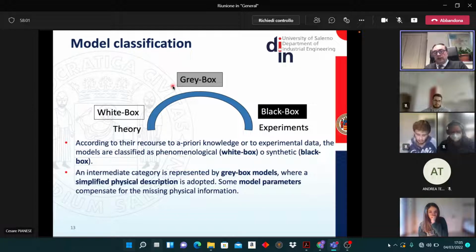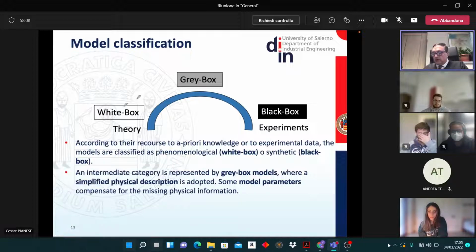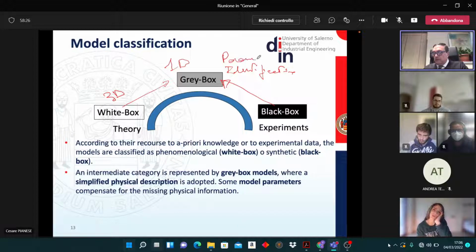But for example, we moved from 3D to 1D, and then we put in some experimental data for parameter identification.